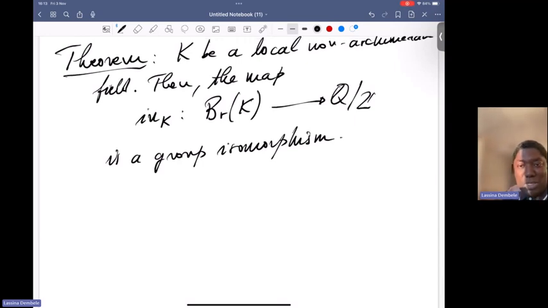So it can be computed very explicitly. And the main result that we are going to need for today is the one that I'm going to state now. It's a classification result, if you wish, for division algebras, as we will see later.